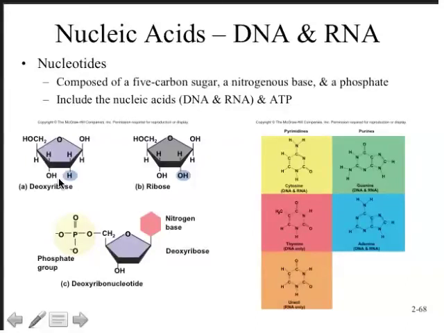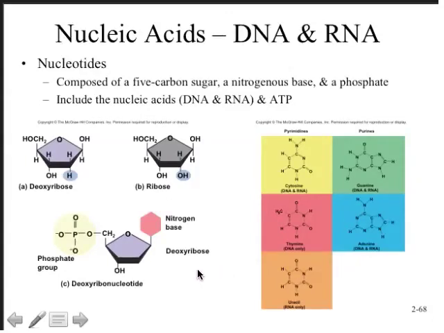DNA is made up of a pentose sugar, a nitrogenous base, okay, and a phosphate group. And these monomers are assembled in a long chain. There's usually two chains associated together in DNA in the form of what we call a double helix. The information that DNA contains is the result of the specific arrangement, the primary structure, of the nitrogenous bases in the chain.